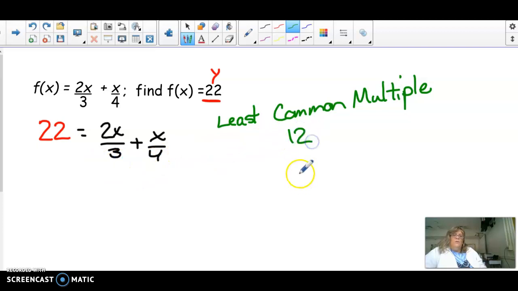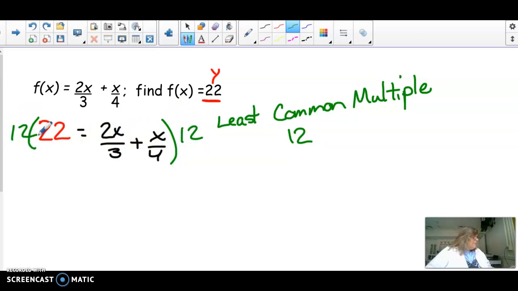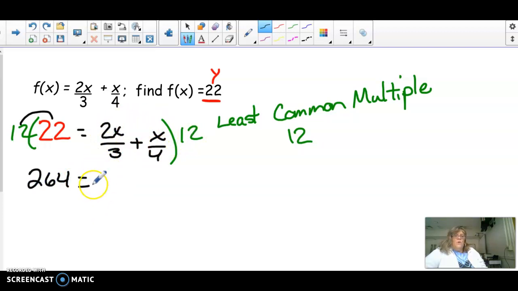So that's 12. So what we're going to do is we're going to come back and we're going to multiply everything on both sides by 12. So when we start to multiply everything on both sides by 12, we end up here, 22 times 12 is going to give us 264. 3 goes into 12 4 times, and 4 times 2x is 8x. 4 goes into 12 3 times, and 3 times x is 3x.